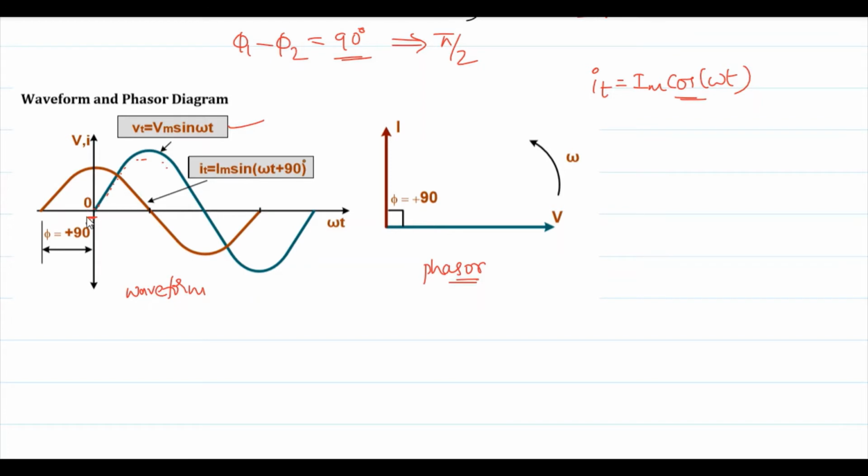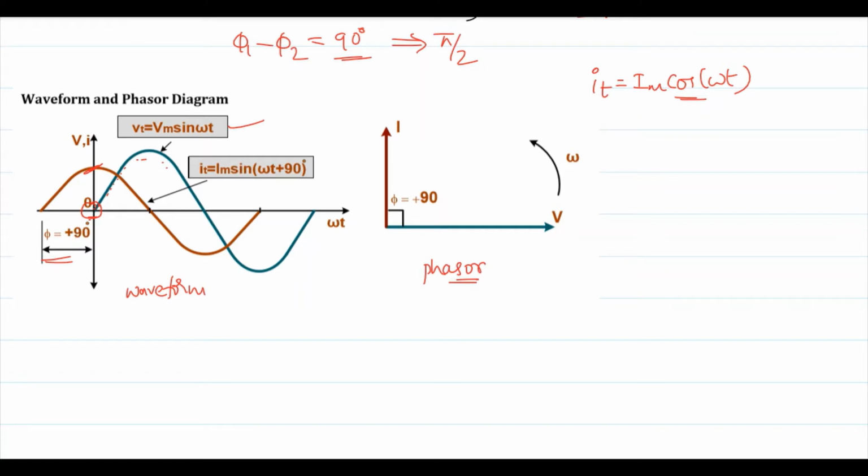At t equal to 0, voltage is 0, while current has a maximum value. That's why the current leads by an angle of plus 90 degrees. That's why we say the current leads the voltage in this capacitive circuit.